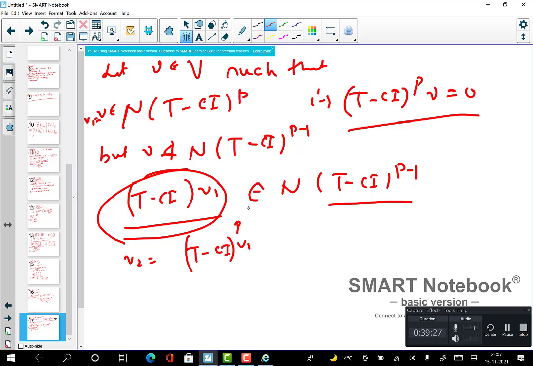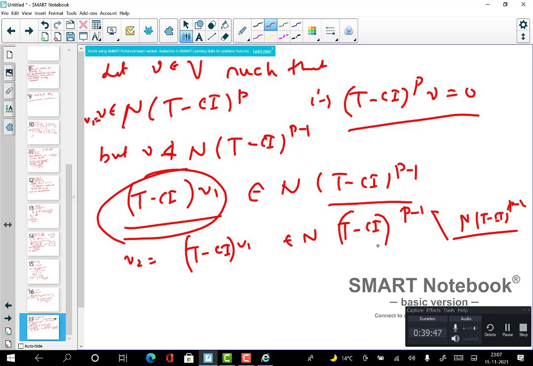is inside the null space of T minus Ci power P minus 1, but it's not inside the null space of T minus Ci power P minus 2, and so on.